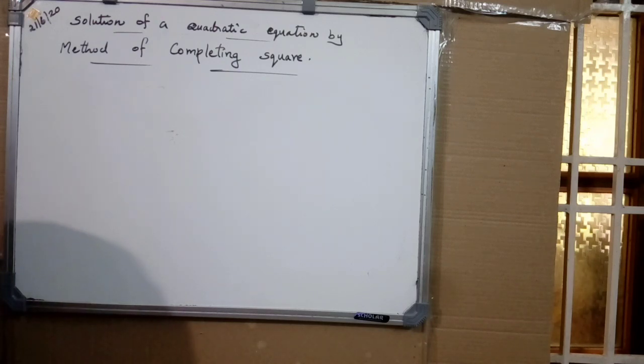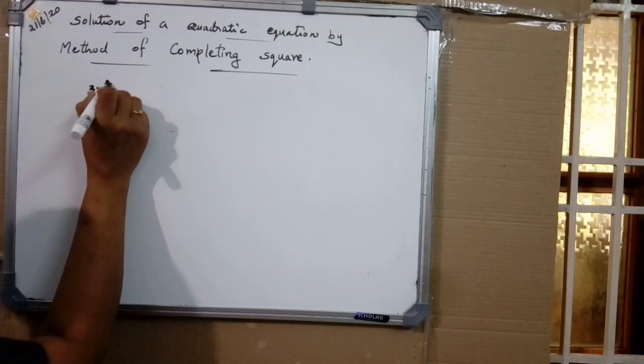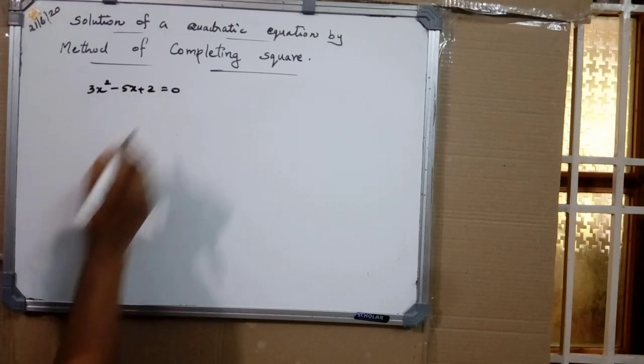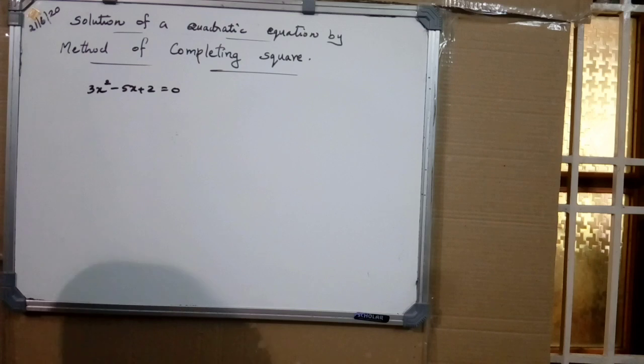Listen very carefully. Let us take one example. This is the equation we have: 3x square minus 5x plus 2 equal to 0.